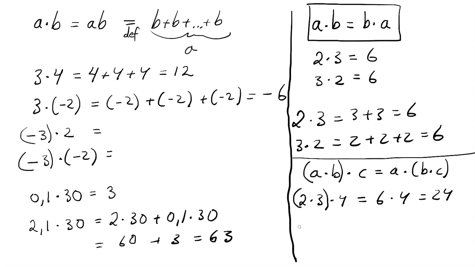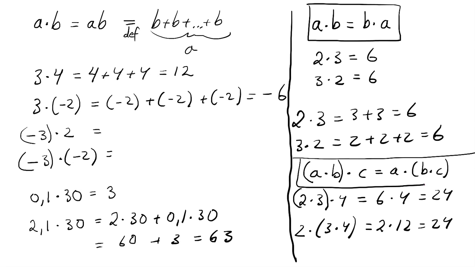And in the other situation, I do 3 times 4 first, which is 12, and 2 times 12 is also 24. So you see that we end up with the same number. It doesn't matter where I put the parentheses. And this holds in general for all numbers. So that's another rule of multiplication.